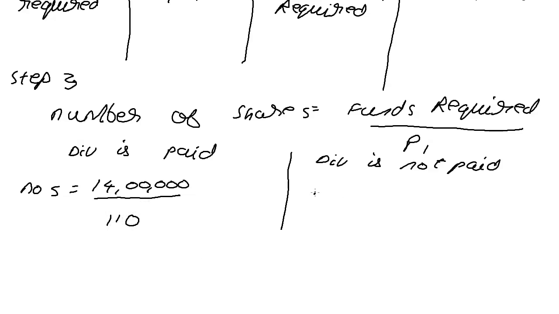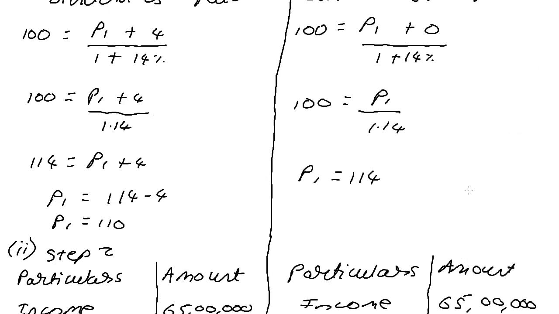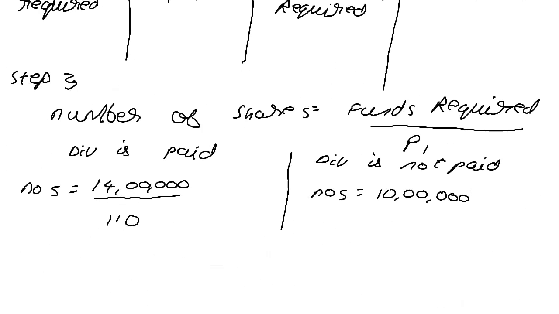Similarly over here, the number of shares is equal to 10 lakhs divided by, going back upstairs, we have 114. If only they were the other way around, maybe we would have got some smooth answers. Life is not easy.